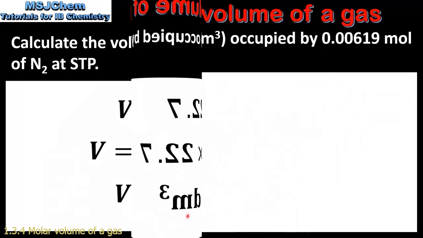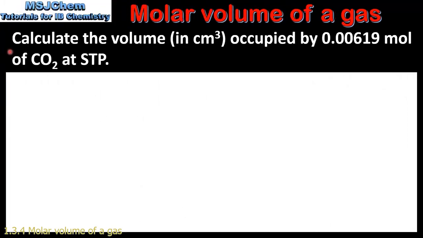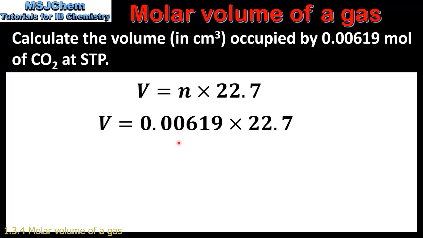The next example is calculate the volume in centimeters cubed occupied by 0.00619 moles of carbon dioxide at STP. So first, we'll calculate the volume in decimeters cubed and then convert to centimeters cubed. To do this, we multiply the amount in moles by the molar volume, and this gives us 0.141 decimeters cubed.